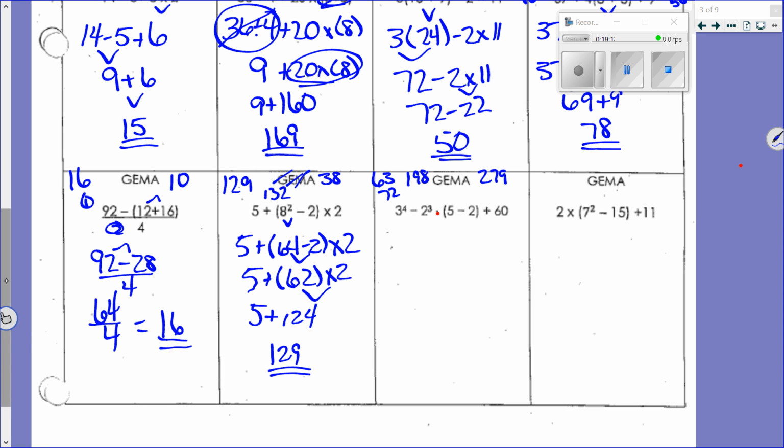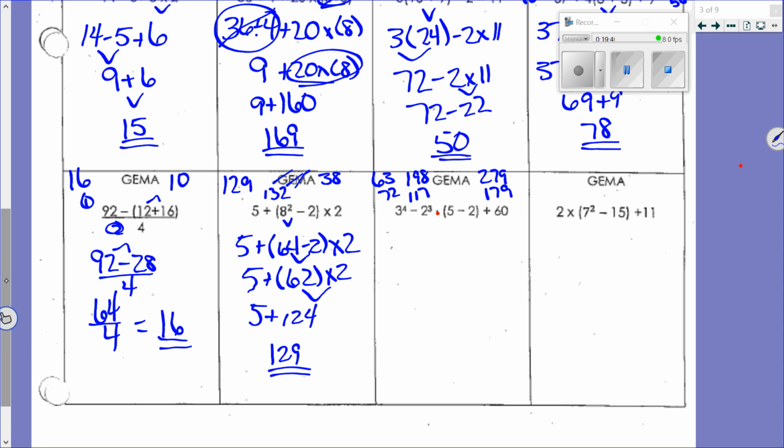I got 179. Instead of 279? Yes. Mia? 117? Anybody have an answer that's not up there yet? Okay, let's check it out.